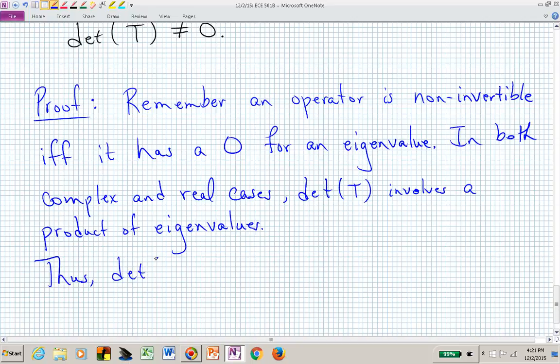Thus, if we find that the determinant of T is equal to 0, then we know that at least one of those eigenvalues had to be 0, and if we have a 0 eigenvalue, then our linear operator does not have an inverse. Thus, the determinant of T equaling 0 happens if and only if there exists a lambda equal to 0.